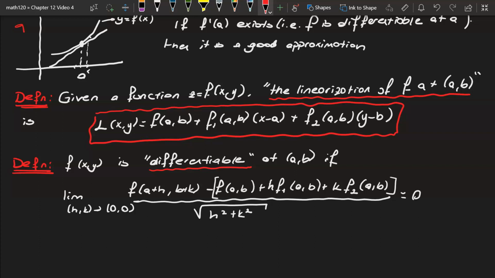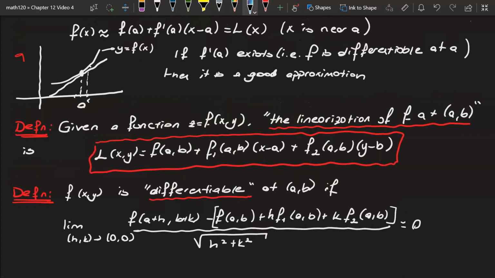And here we have L of (a plus h, b plus k). So, the definition of differentiability tells us that as (h, k) goes to (0, 0), the difference between f and L approaches 0 as the distance between (h, k) and (0, 0) approaches 0. What does it mean?